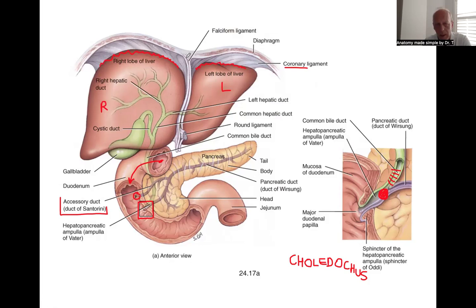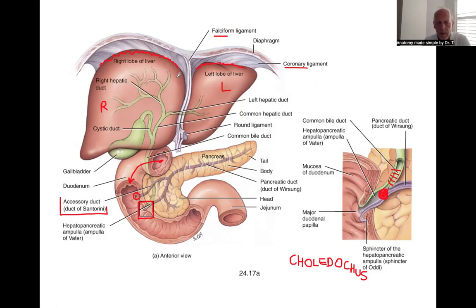While in the midline, we have another derivative of the peritoneum, which is called the falciform ligament. It comes from the Latin term falx, which defines a sickle, the agricultural tool, and that's the shape of the ligament, shaped like a sickle's blade.